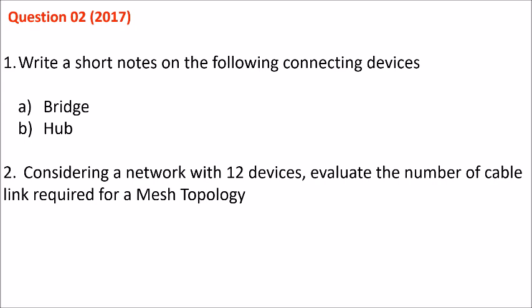Then hub, what is the meaning of hub? Hub is another network device. If you want to establish a network system, it may be a local area network, in any kind of physical arrangement.